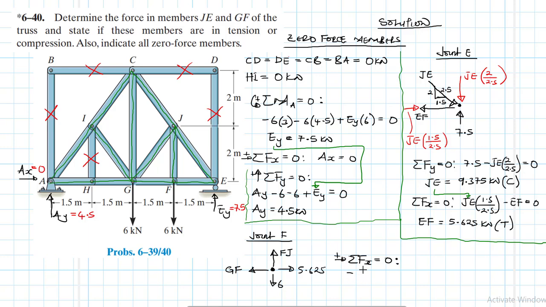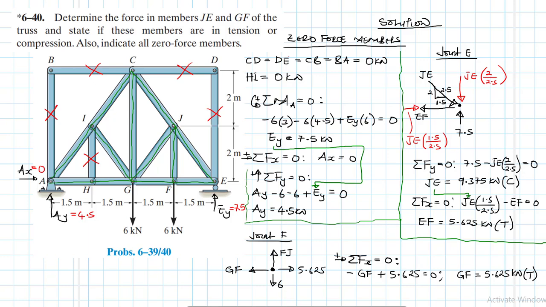We have minus GF plus 5.625 equal to 0. Therefore, our GF is going to be equal to 5.625 kilonewtons, and this one is in tension.